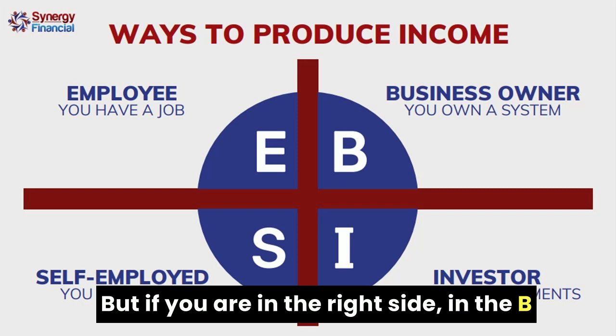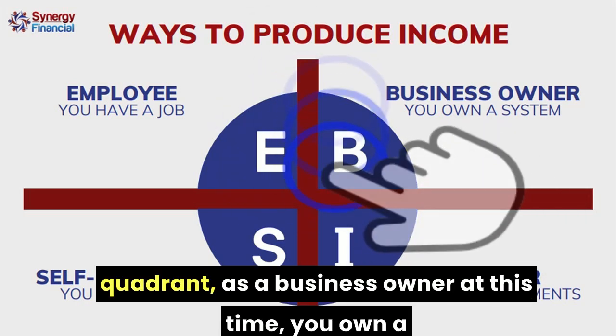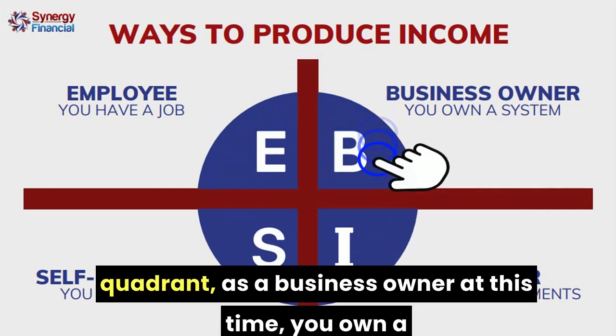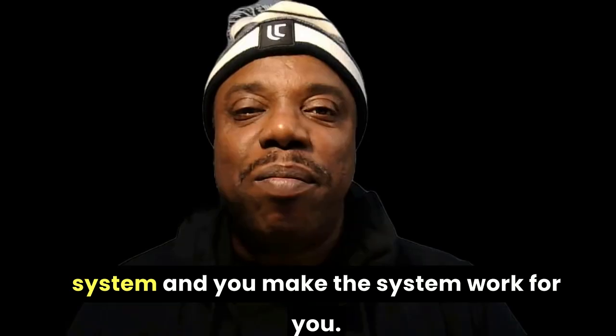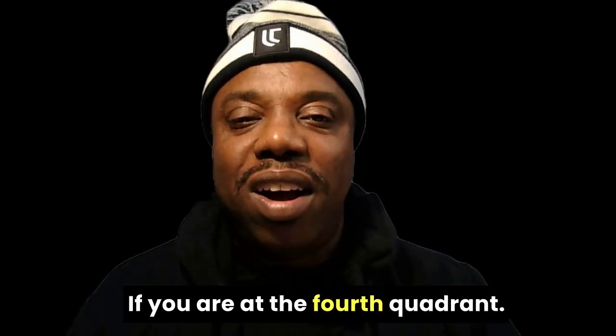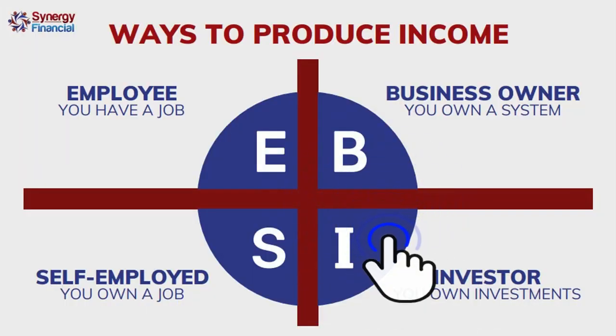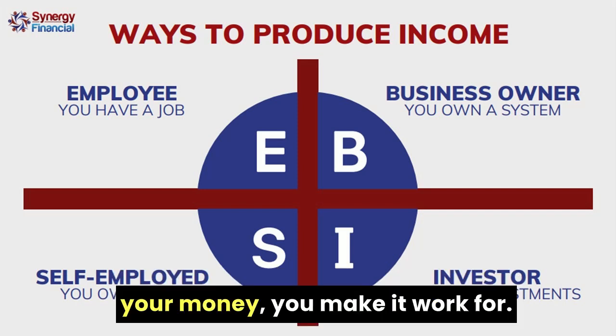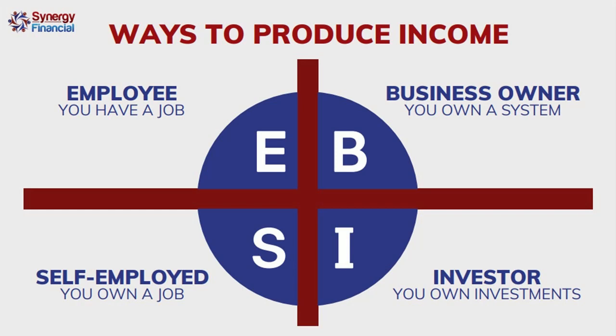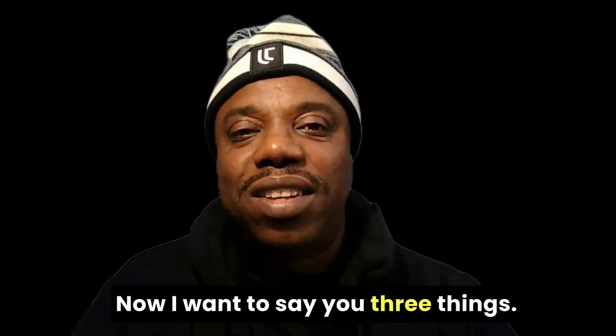But if you are on the right side, in the B quadrant, as a business owner, then you own a system and you make the system work for you. If you are in the fourth quadrant, you own investments, and instead of working for your money, you make it work for you.